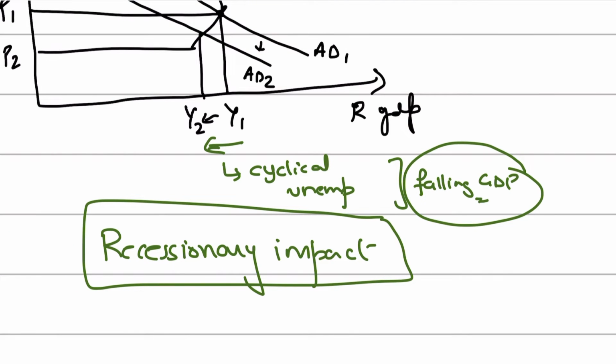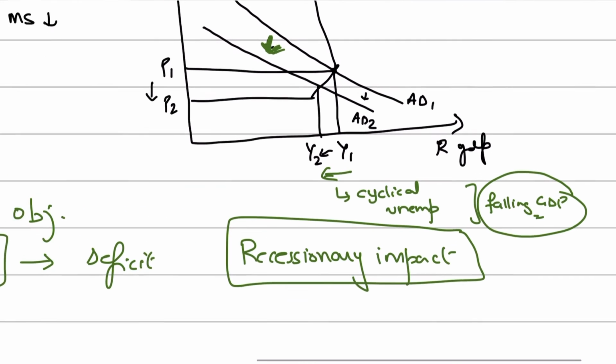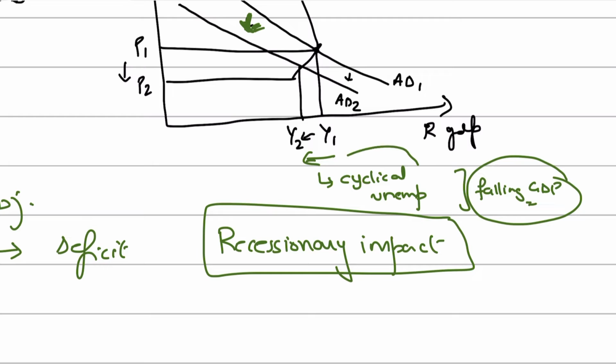The government needs to decide whether implementing expenditure reducing policies is an effective measure or not. Especially if you're a developing country, a poor country, you can't afford cyclical unemployment, you can't afford falling GDPs because already you have a lot of national debt. You need to repay your debts, and if GDP is falling, it would result into a rise in debt to GDP ratio, right?